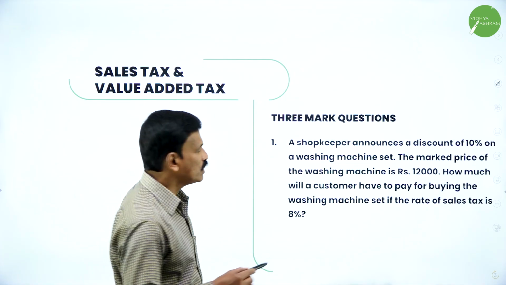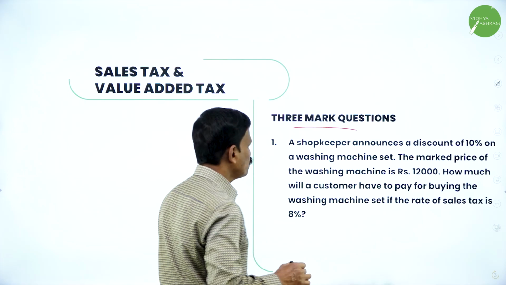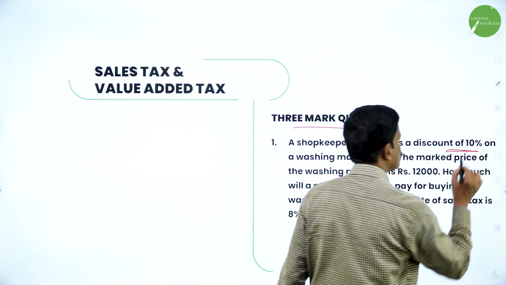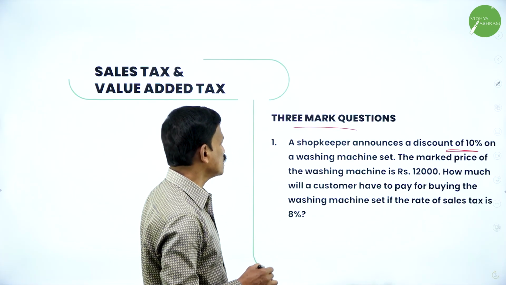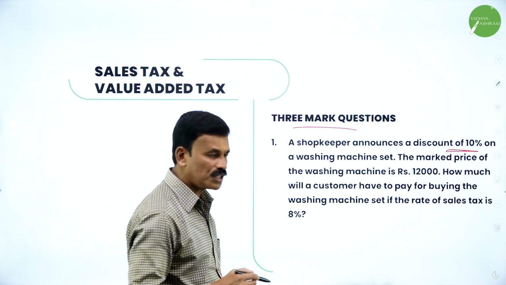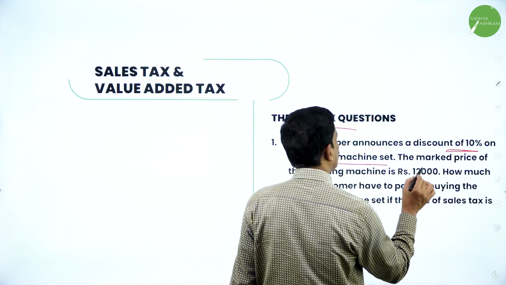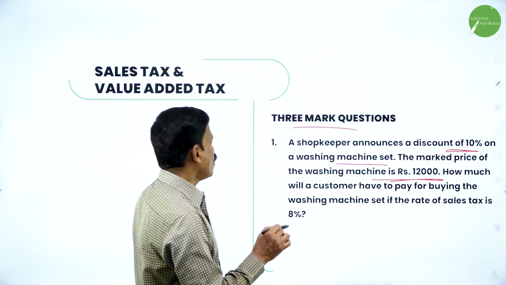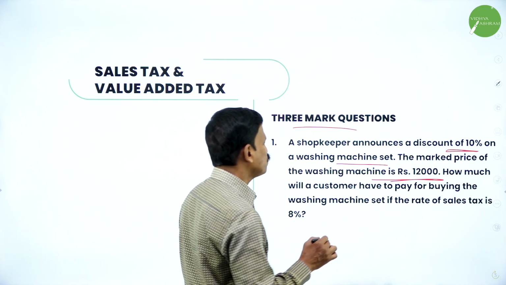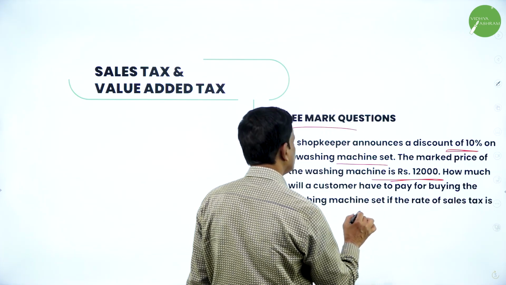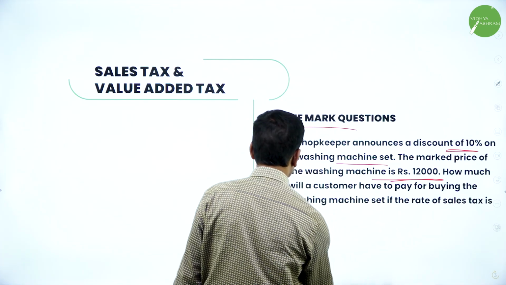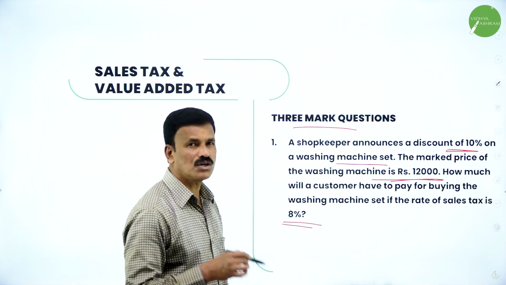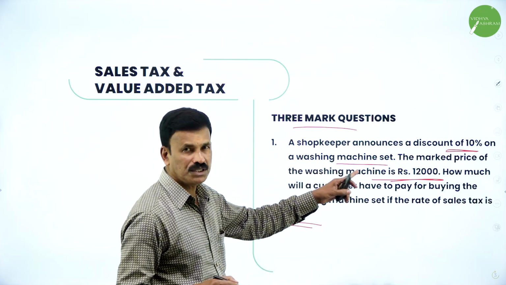Now the first problem is like this. A shopkeeper announces a discount of 10% on a washing machine set.